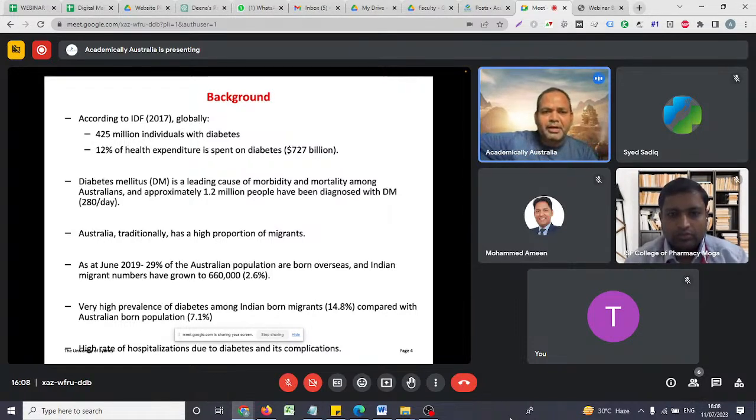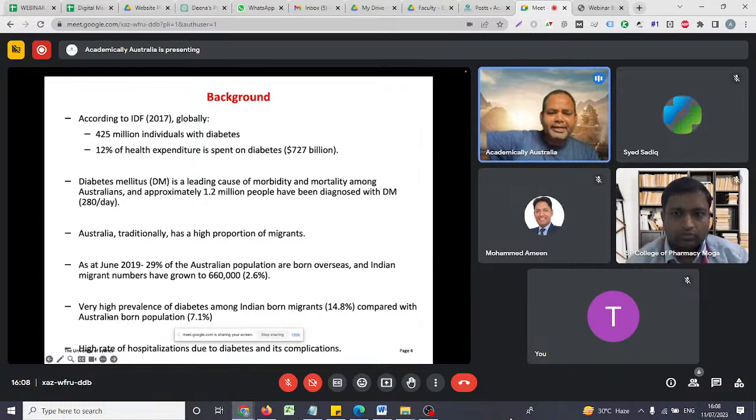In Australia itself, 1.2 million, around 12 lakh, patients are living with diabetes. If we talk about Indians, around 2.6% of the population is Indian, and it is growing every year. This data is from 2019, and after that there is no data, but I can say maybe 700,000 plus Indians are now living in Australia.